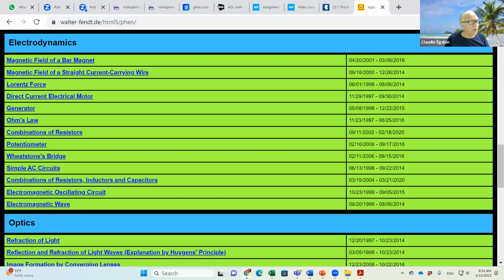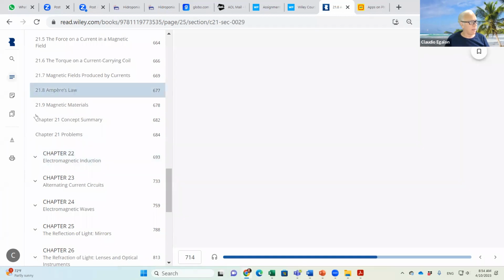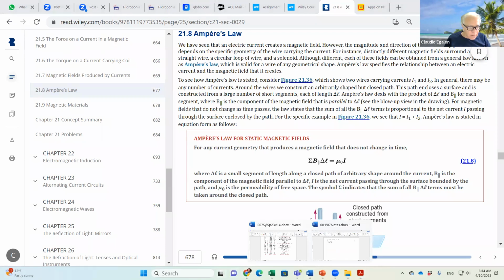And this section is how we calculate the magnetic field, okay? That's the important part. We're not going to cover 21.9. Going back here to my notes.